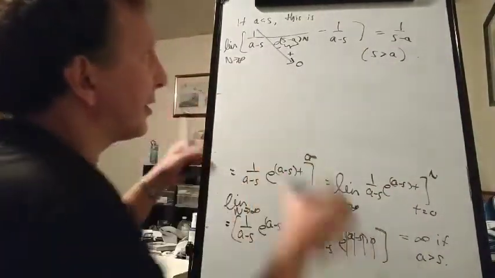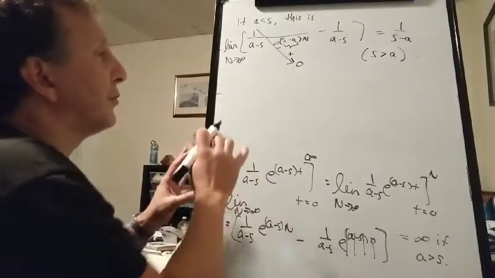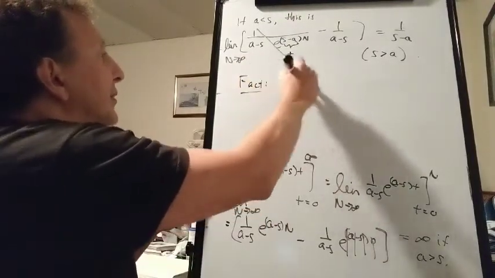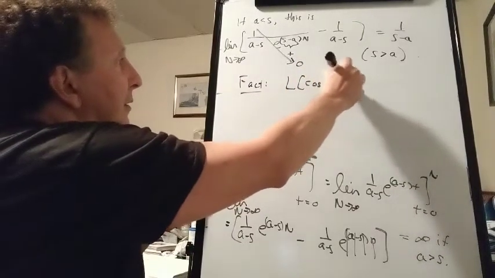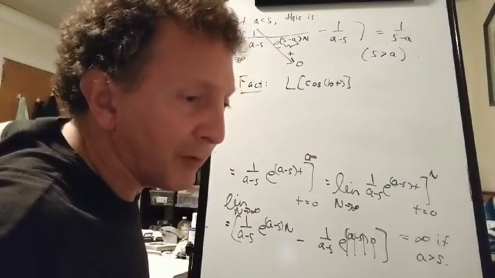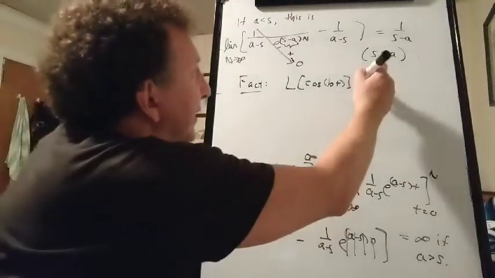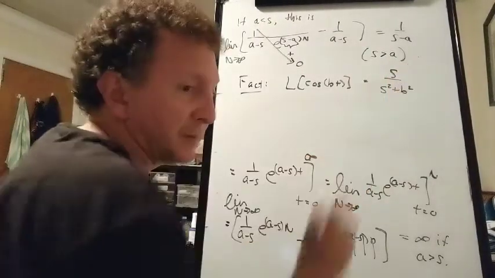And if we use integration by parts, we can find Laplace transforms of cosine and sine. I won't do the integration by parts here, but it turns out that if we look at the Laplace transform of cosine of bt, then we get s over s squared plus b squared.